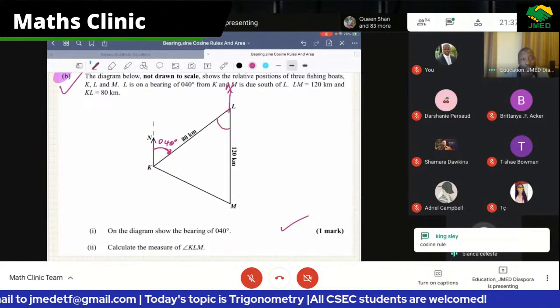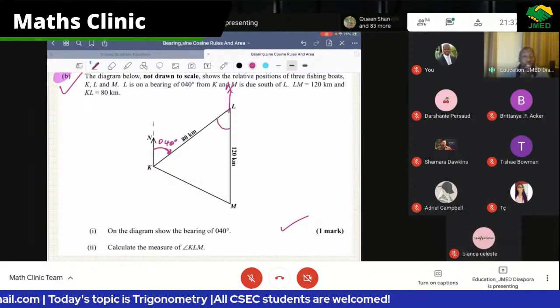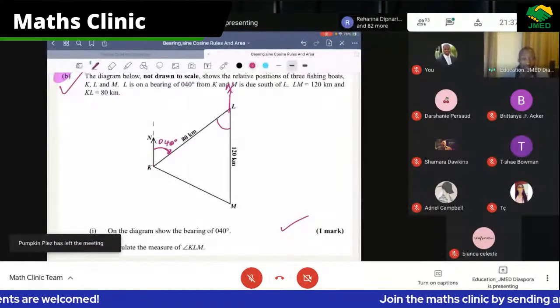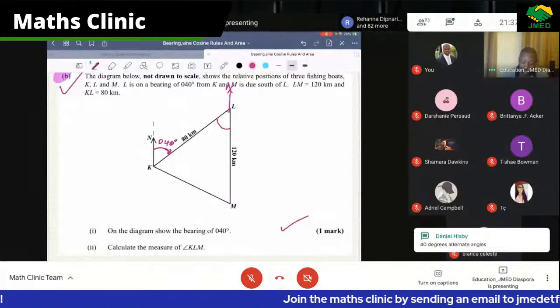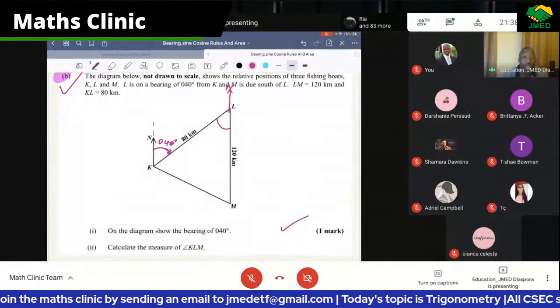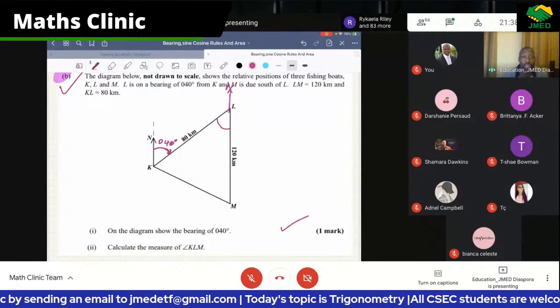So it should be on the outside. I've always written it on the outside. It never dawned on me before. And the reason I put it on the outside will become apparent with the next part of the question.